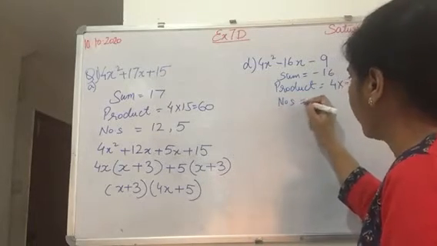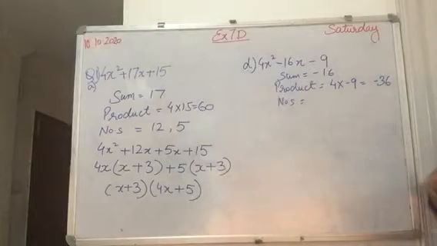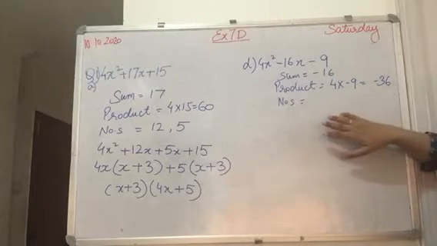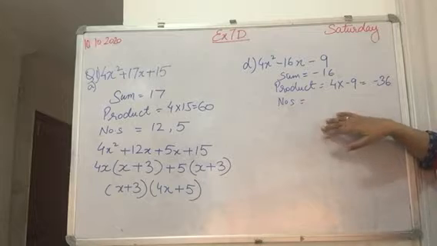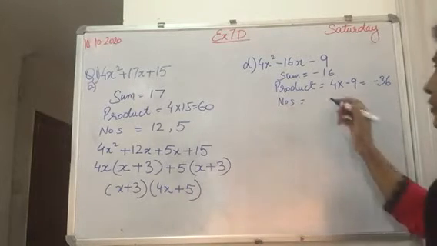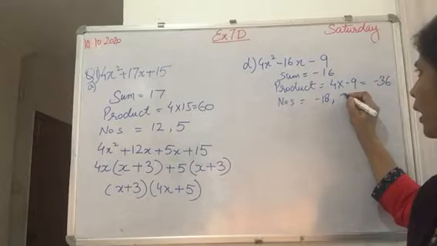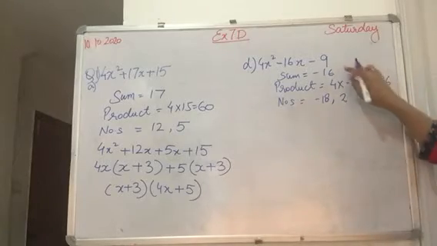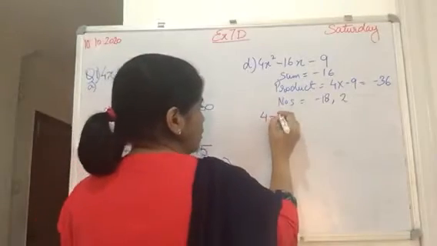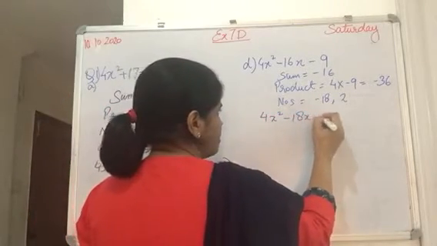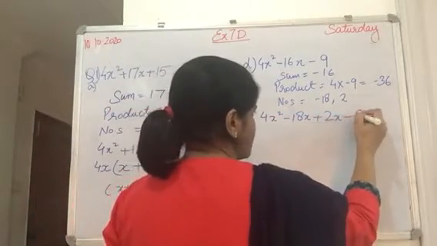Numbers, now 36 comes in 2's table, how many times? 18. 18 2's are. Now because product is negative, so minus 18 and plus 2 will become minus 16. Yes? So 4x square minus 18x plus 2x minus 9.